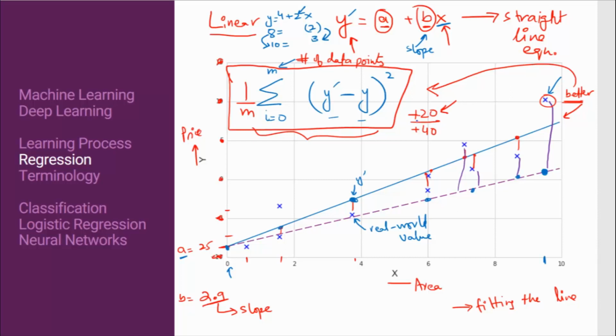Why is it better? Because the errors are much smaller. The aggregate of the errors, or the average, or the mean of the errors. Which errors? Squared errors, right? So the mean squared error is much smaller, and that means it's a better fit.